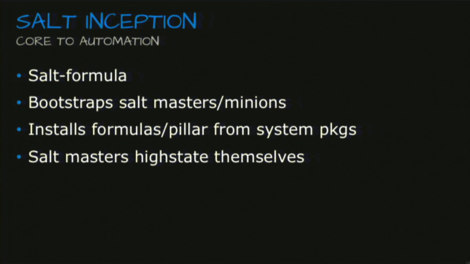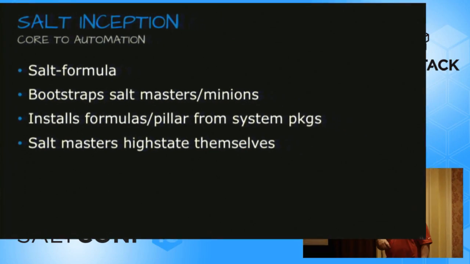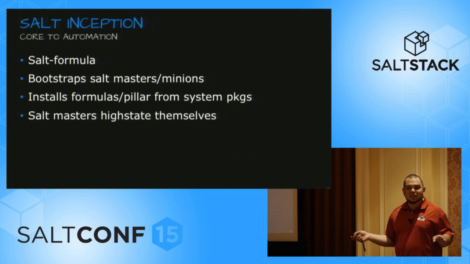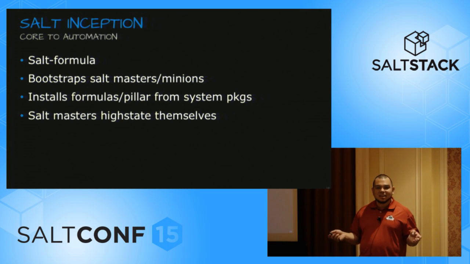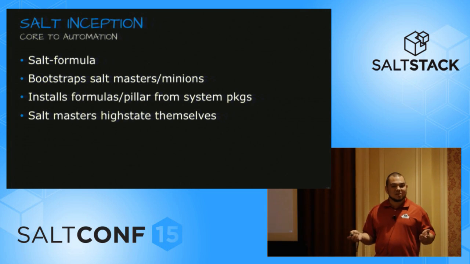And so you can set it to install all the latest versions. You could try to pin the versions of particular formulas that you want to. And it allows the Salt masters to high state themselves. So all of our 14 Salt masters in that environment all run a Salt minion, and they're all able to high state themselves off of their own pillar data.